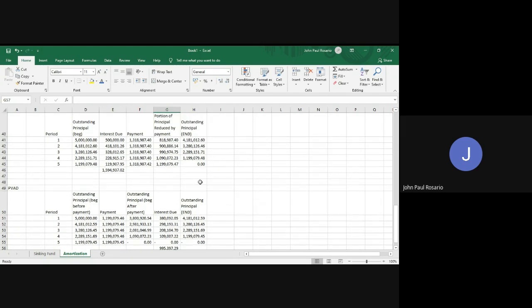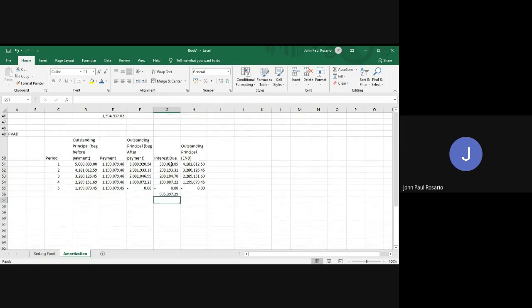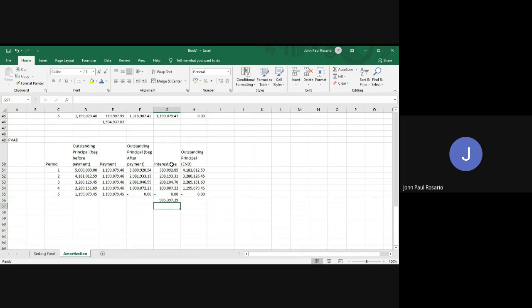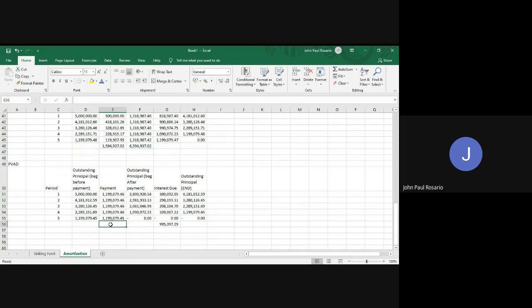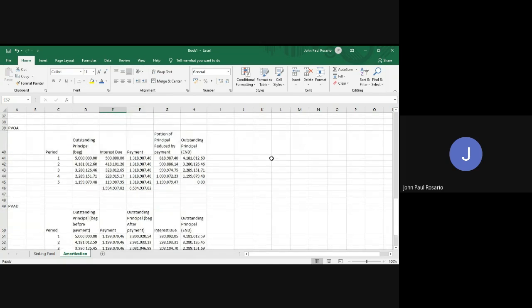However, for annuity due, you'll only need to pay about 4 periods. Okay? While on the other hand, your payment for ordinary annuity is higher as compared also to your payments for your annuity due.